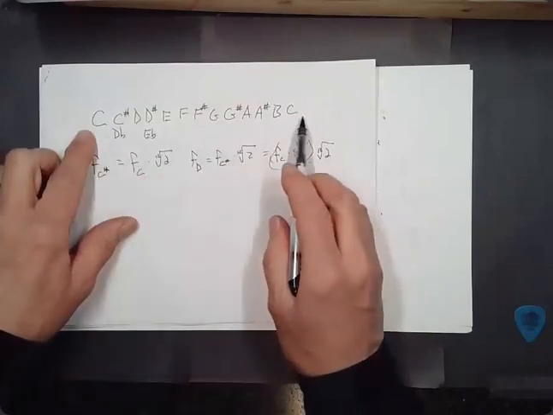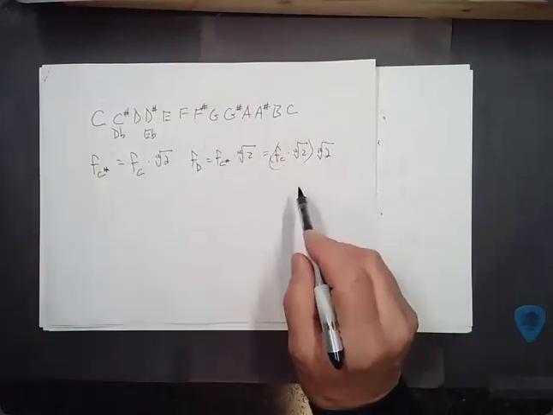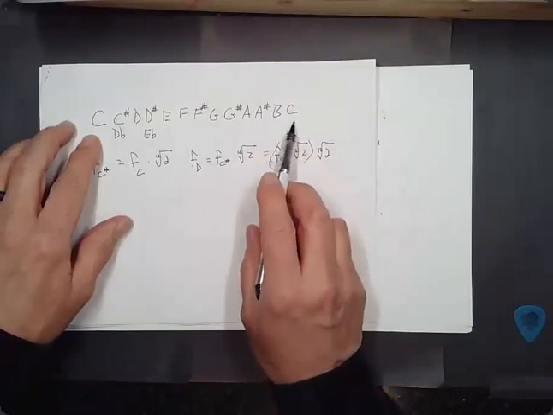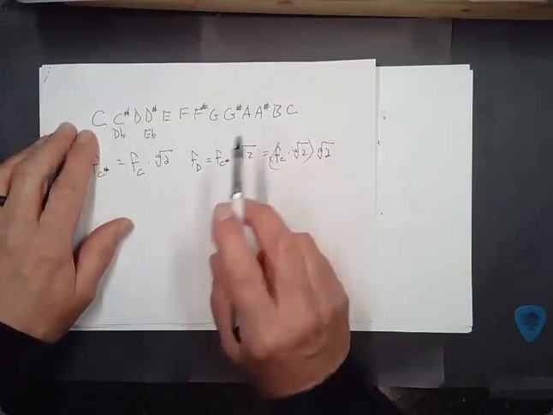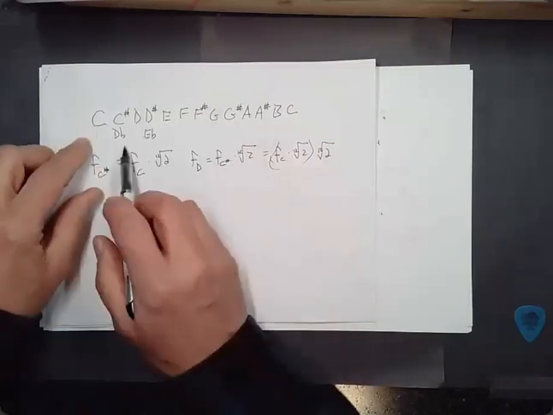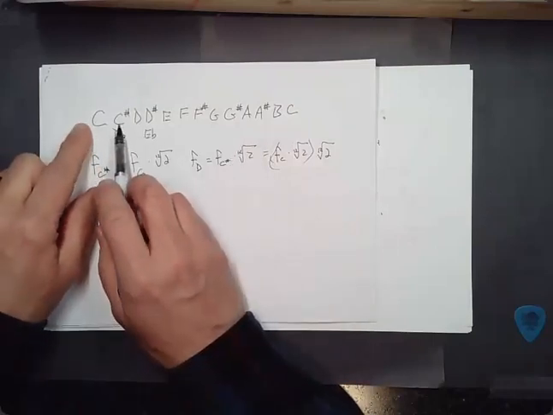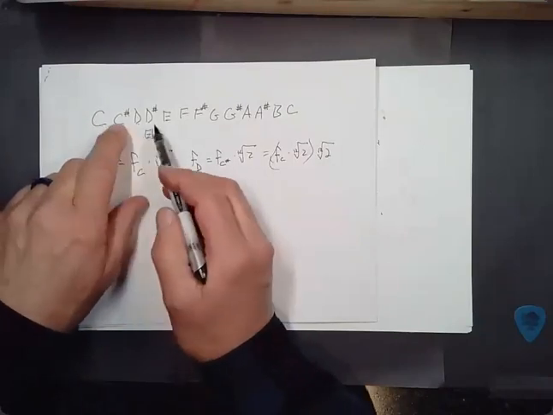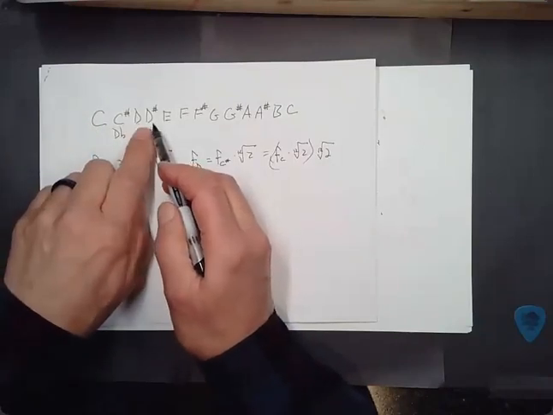As you go up the scale, you can write everything in the scale in terms of the frequency of C times the 12th root of 2, except here it's the 12th root of 2 to the first power, 12th root of 2 to the second power, 12th root of 2 to the third power.